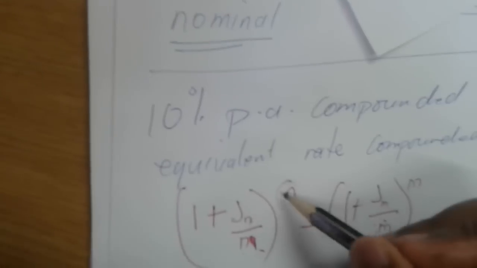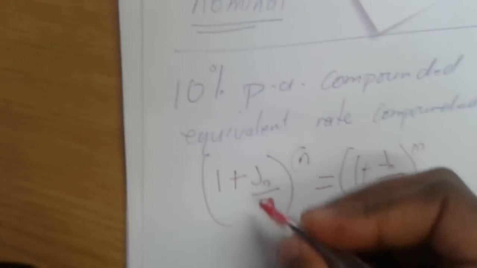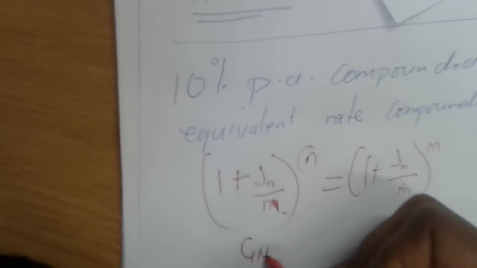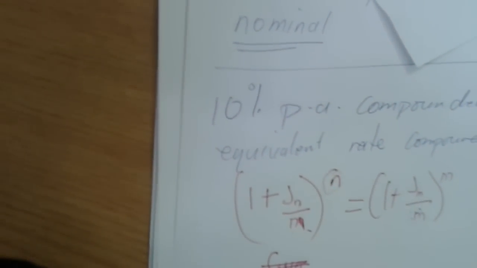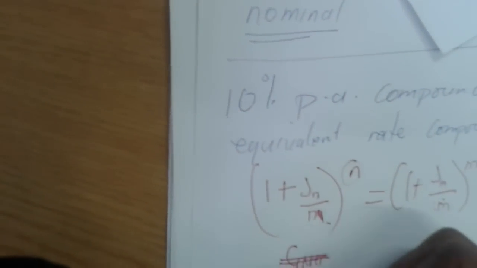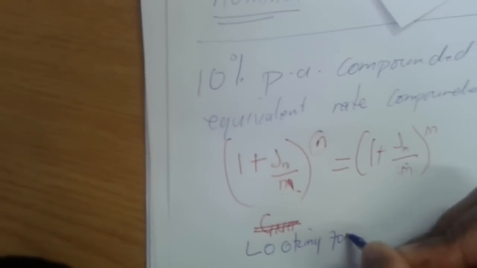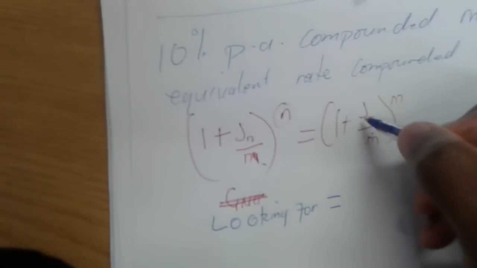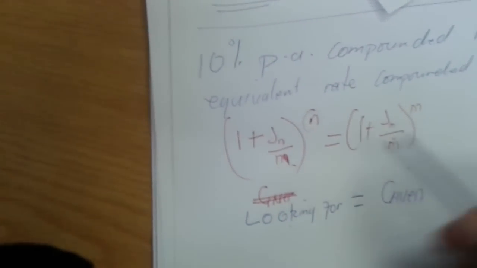So on the left side, you write what you are looking for, and on the right side, you write what you are given.